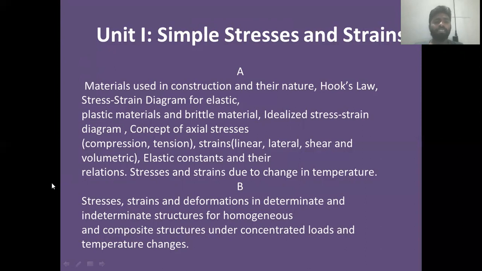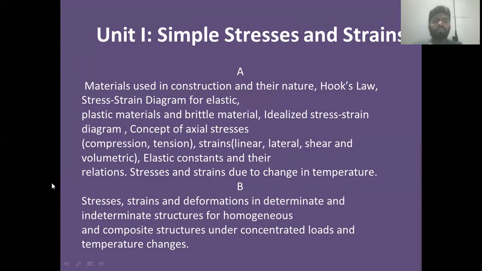Next is homogeneous and composite structure under concentrated load and temperature changes. What do you understand by homogeneous and composite? Homogeneous means it is made up of a homogeneous material. Composite means it is made up of different materials.